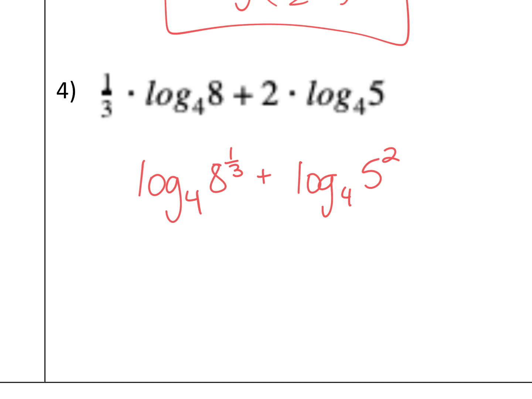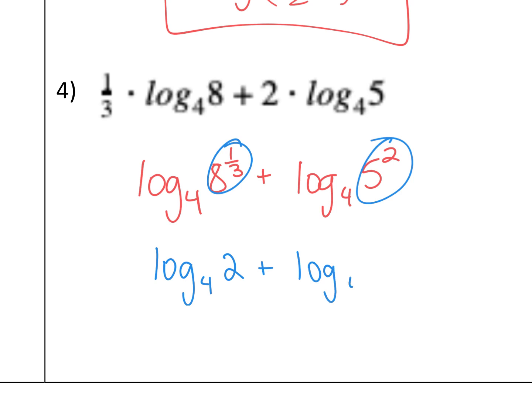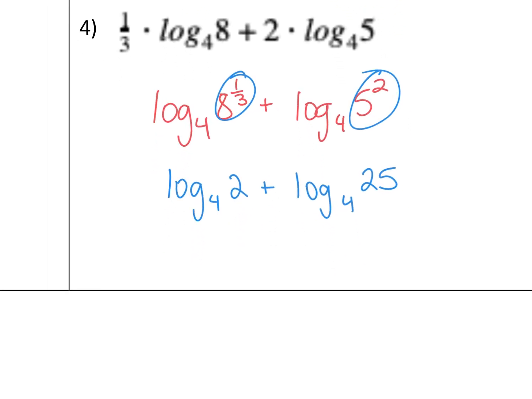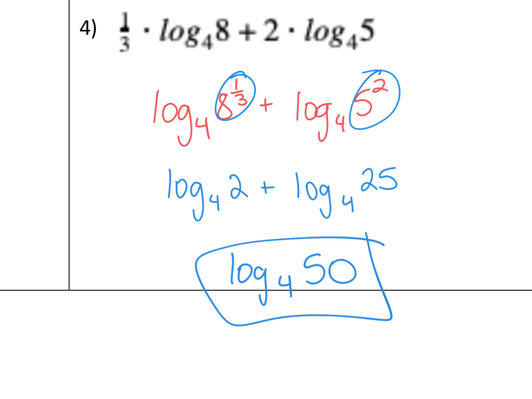Then what did you do? Yeah, evaluate if possible. So this becomes log base 4 of a number plus log base 4 of 25. And then what? Times them. Log base 4 of the product, and that's my answer? Yeah. Yep, that's it.